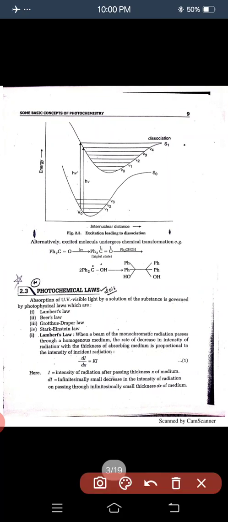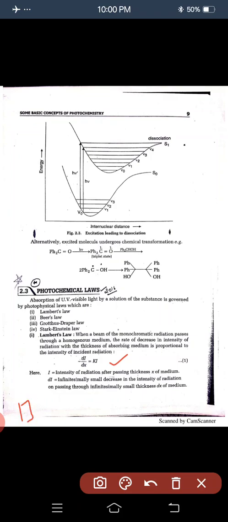After that, we can say that minus dI upon dx is equal to kI. This is equation number 1. Here I is the intensity of radiation after passing a thickness x of the medium.